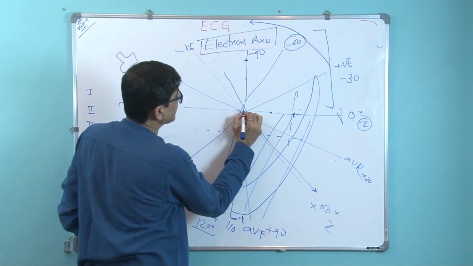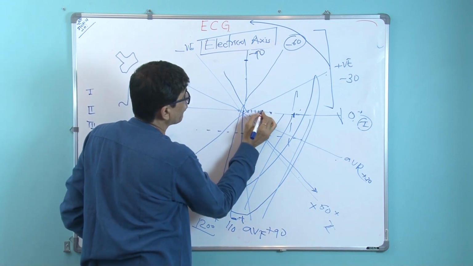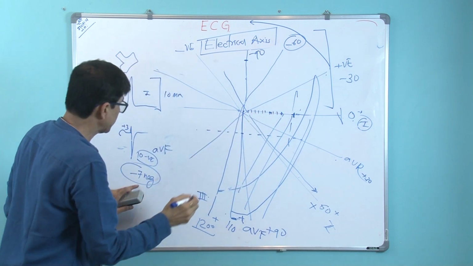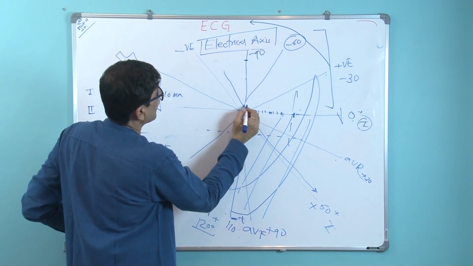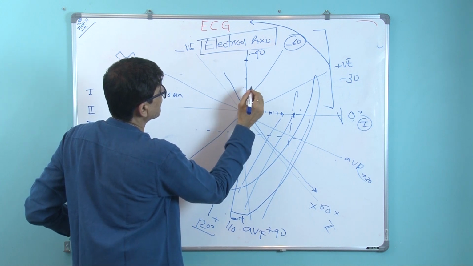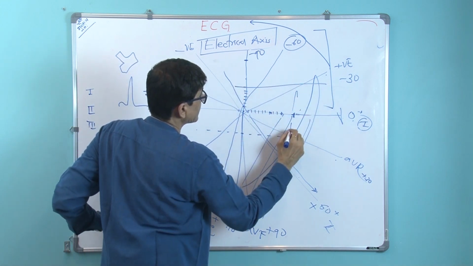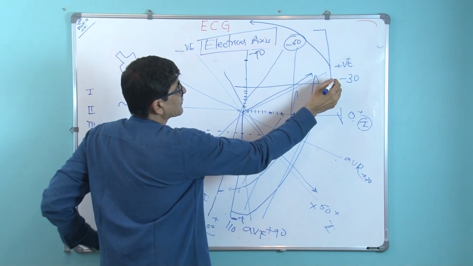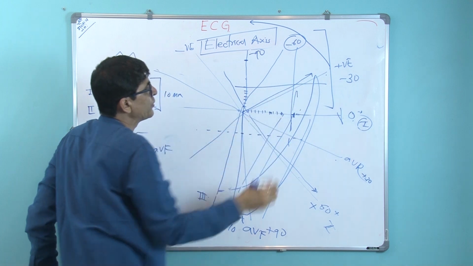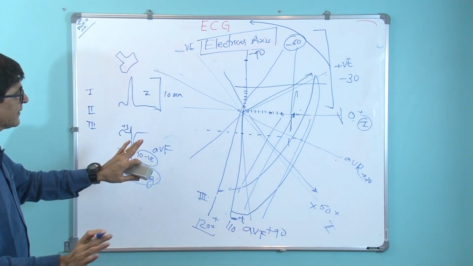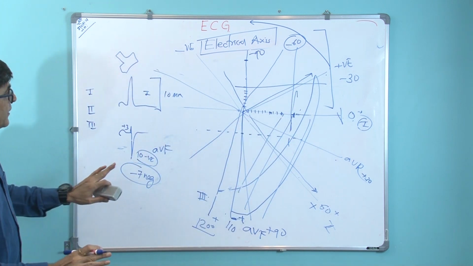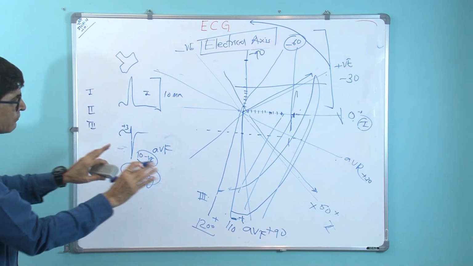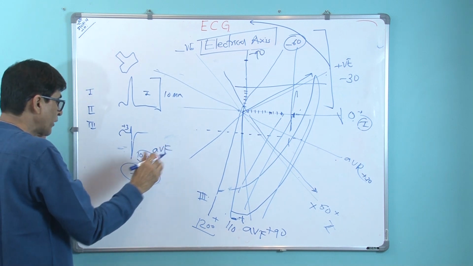So arbitrarily, if I draw 1, 2, 3, 4, 5, 6, 7, 8, 9, 10 here and here 7 negative, 1, 2, 3, 4, 5, 6, 7. If you draw like this, the axis will be less than minus 30, meaning minus 40 or so. This is one calculation. But one thing is clear, the best way, I will show you an example, I will show you easily, then you understand.